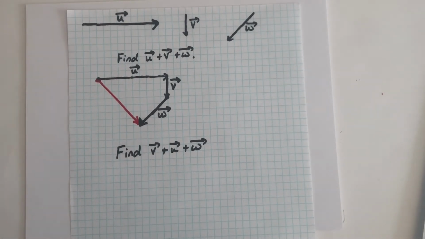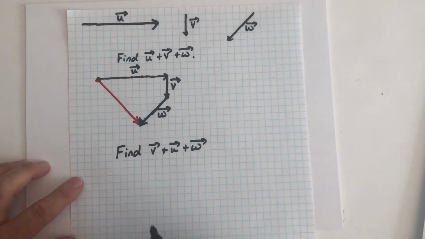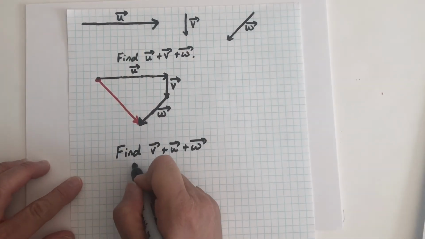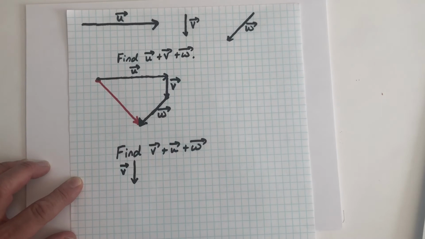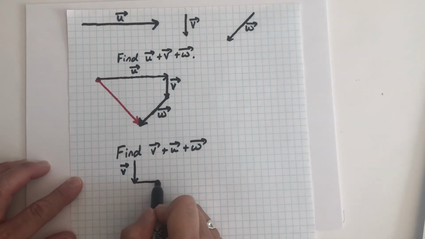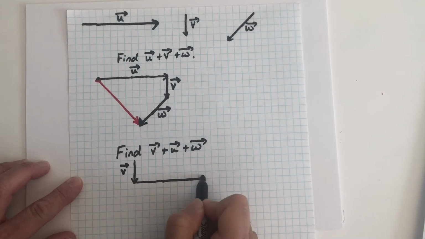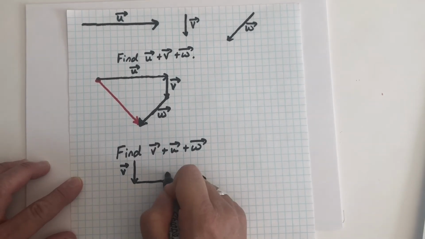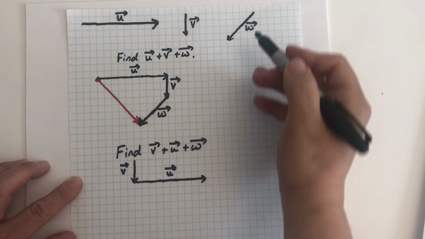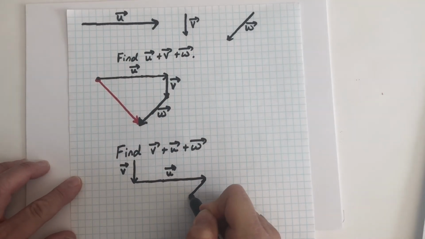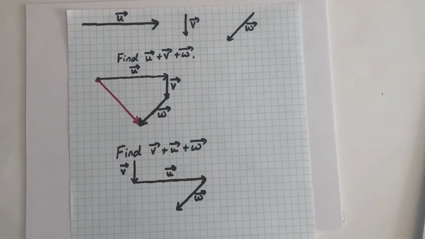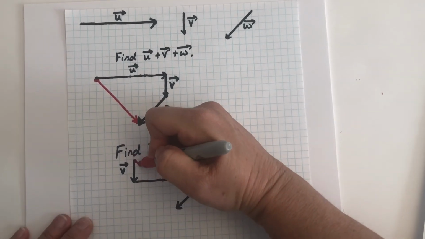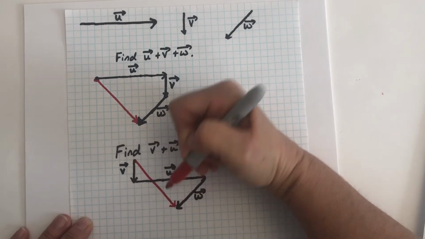We're going to start with the vector V. It starts here and goes down 3. Here's my vector V. Now I'm going to add U. Here's the vector U. And then now I'll add W. And so my resultant vector would be right here, coming down this direction.